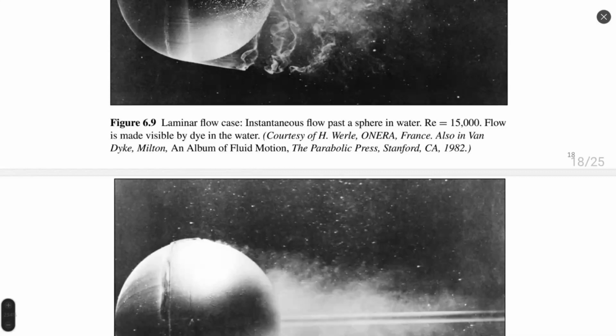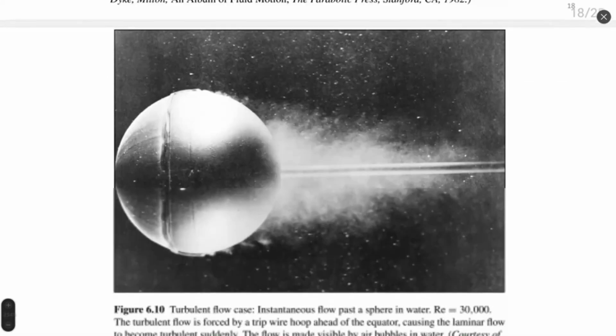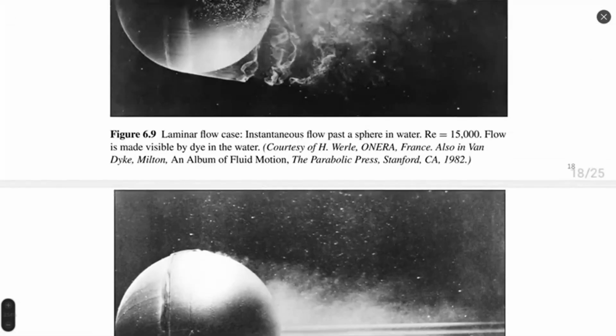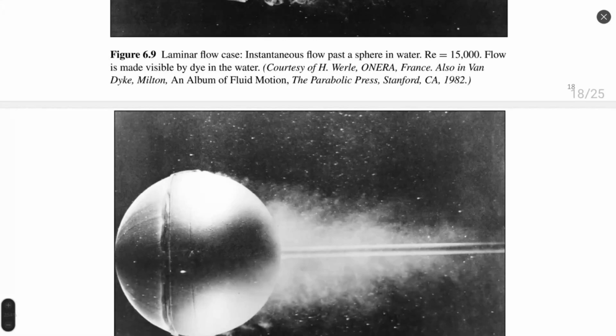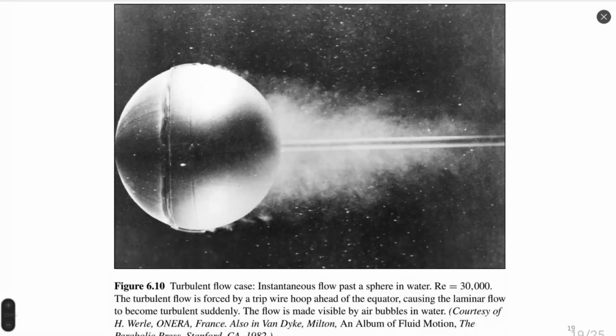Let me show another case. This is a higher Reynolds number. The first one was Reynolds 15,000. Next Reynolds number is 30,000. You can see different turbulent structure on the rear part of the sphere. The front part of the sphere is almost the same. Flow is smooth, but behind the sphere we have a higher turbulence level mixture.